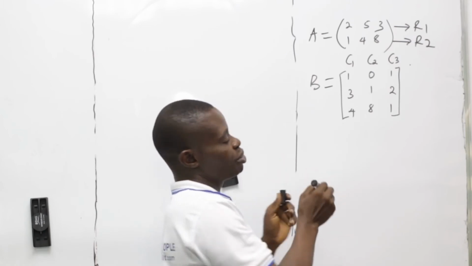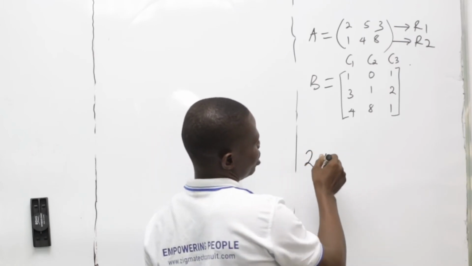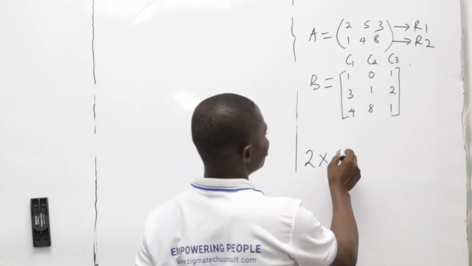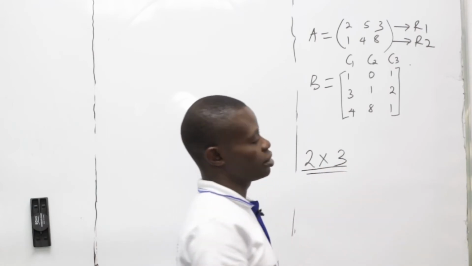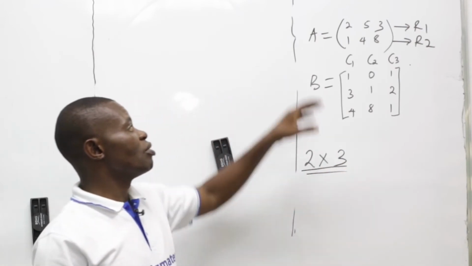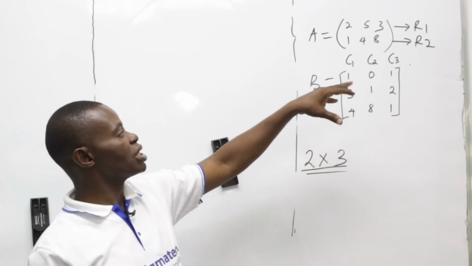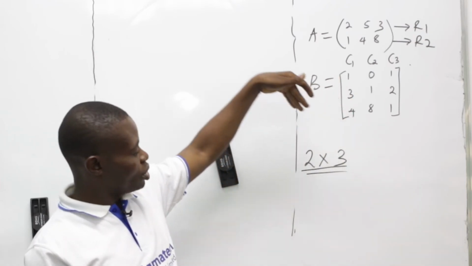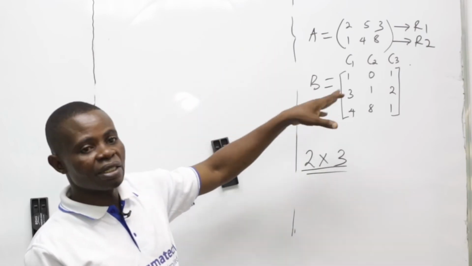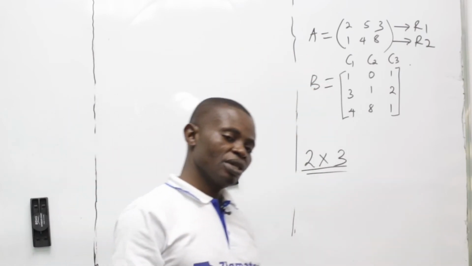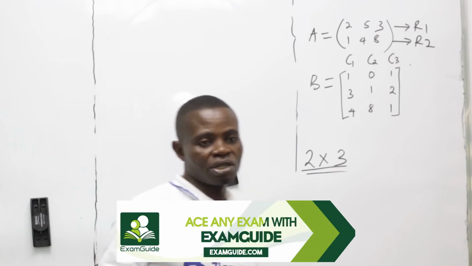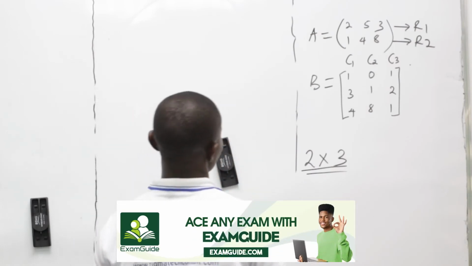We have 2 rows, meaning 2 by, how many columns? 3 columns, meaning 2 by 3. Meaning after multiplication, this matrix is going to lead us into what? A 2 by 3 matrix.